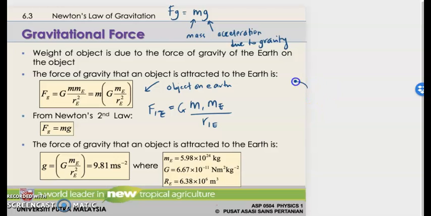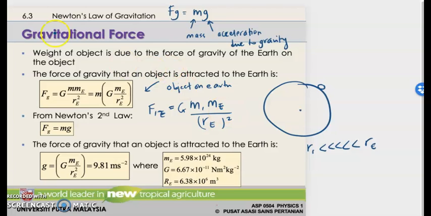For example, the radius of Earth is this big, while a ball on Earth is this big, which means that our object 1 is much, much less than RE. When it is much, much less, you can simply ignore the radius. So what happens? The radius just becomes RE squared.